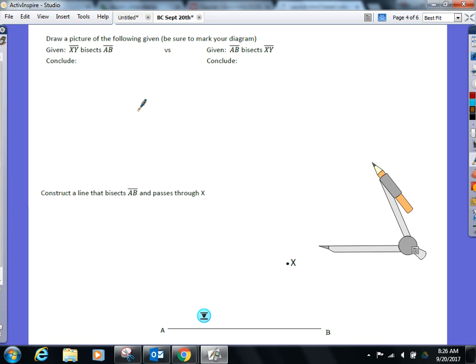No compass needed. This is just a sketch. Draw. Segment XY is cutting segment AB in half.